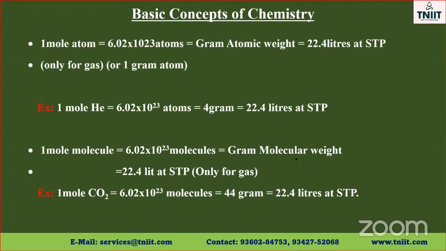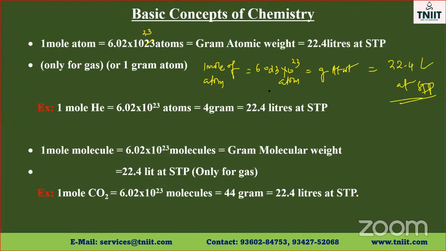This is the same again, 10 power 23. 1 mole of atoms contains 6.023 × 10 power 23 atoms. 6.023 × 10 power 23 atoms will weigh its gram atomic weight. If it is a gas, it will occupy 22.4 liters at STP.